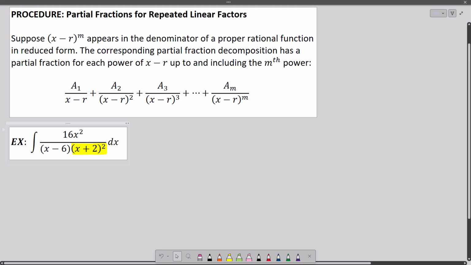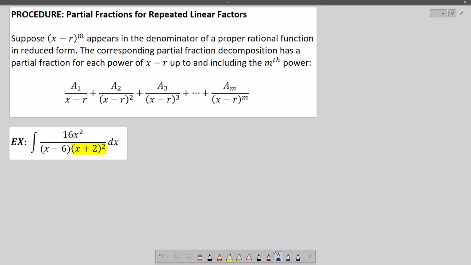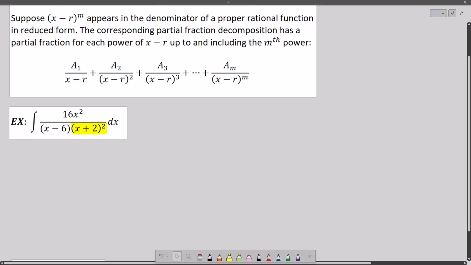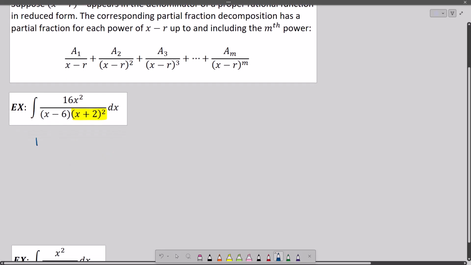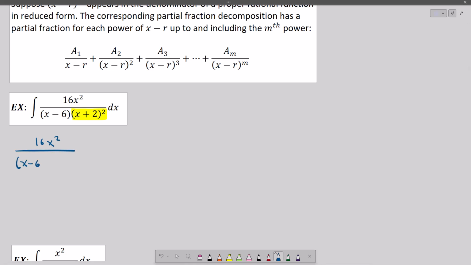And what this says up here is that if you have a repeated linear factor, you need a partial fraction for each of the powers. So right down here, if we take our inside, we need a partial fraction for the x minus 6.